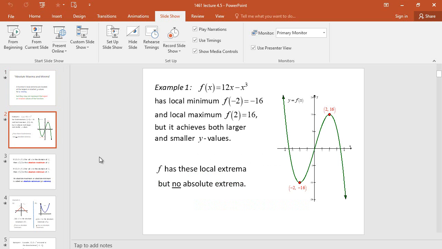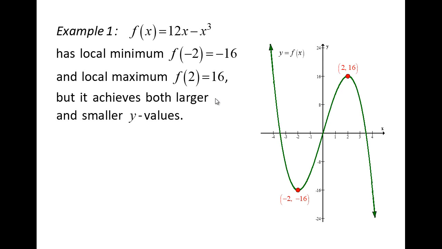So let's look at the following example. Here I have the graph of the function f of x, which is 12x minus x cubed. If you look at this graph, notice the following.